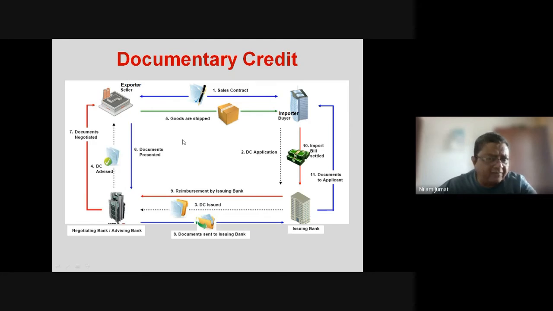So the exporter can ship 6 shipments of $15,000 up to a maximum of $90,000. That is what we call revolving. So he doesn't have to open 6 LCs.